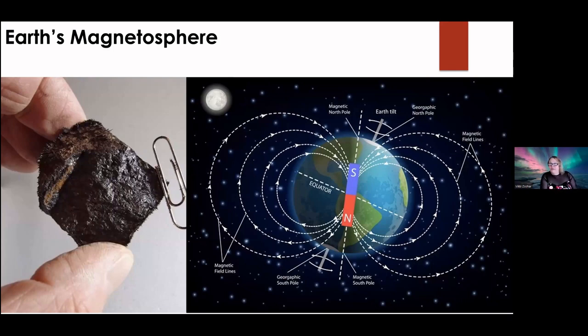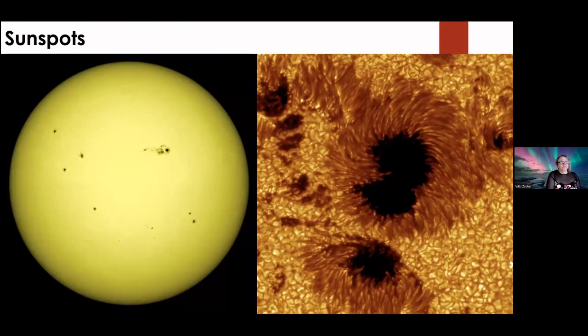But let's go back first to the sun and the sun's surface and what happens on the sun, so that we can understand more why this solar wind comes and what other things can come from the sun.